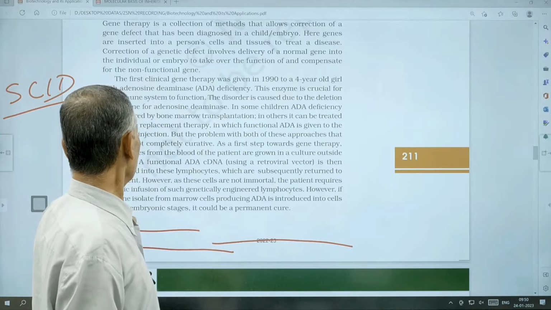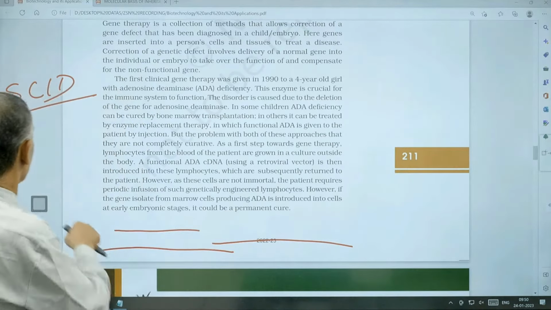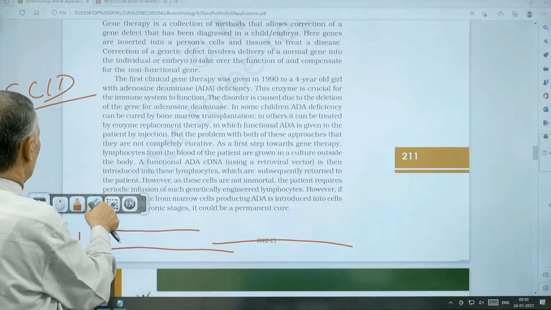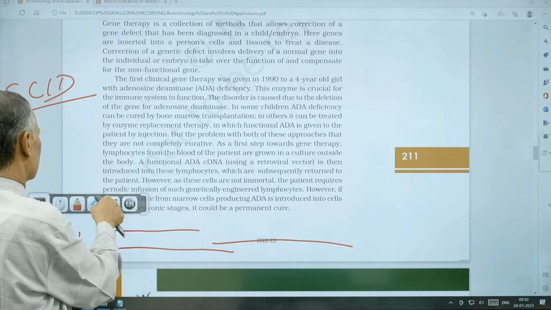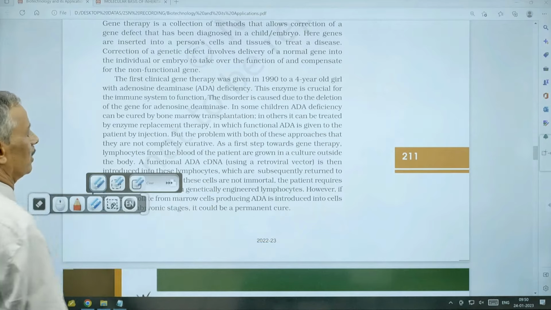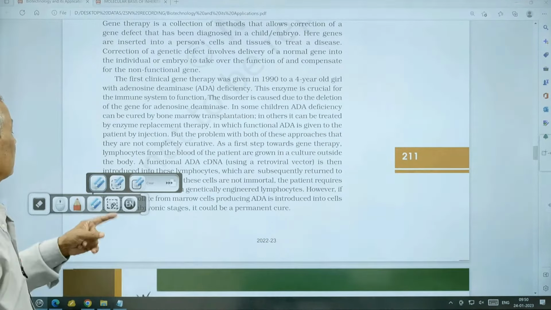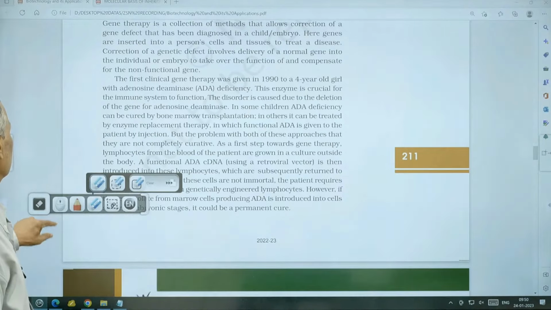If it is done at an early embryonic stage, it would be a permanent cure. So we have successfully treated a genetic disease by replacing a defective gene by a healthy one.